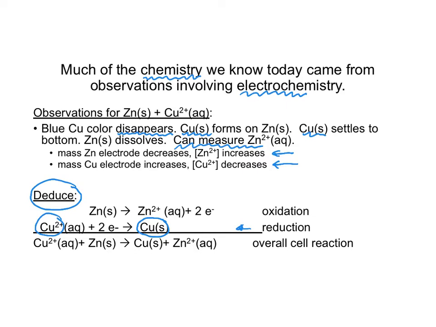We would see or measure zinc 2+, and we would see the zinc electrode mass decrease. That is our oxidation process. So building on the section before, we now have two half reactions. One is an oxidation, one is a reduction, and we have an overall cell reaction. In this example, we have a 2-electron process, so there's none of that equation balancing to do. It's just showing you what a voltaic cell is.